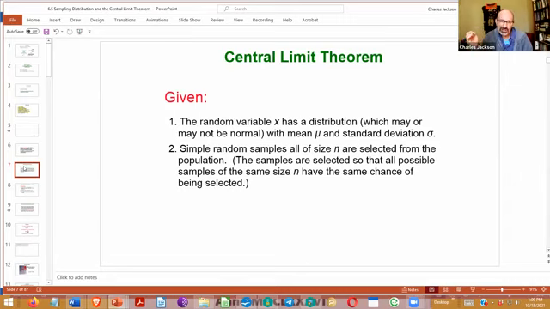Simple random samples, all of size n, like 1,000 samples of size 5, are selected from the population, okay? The samples are selected so that all possible samples of the same size n have the same chance of being selected. So it could have been any sample of size 5.